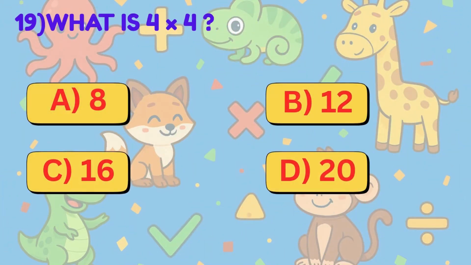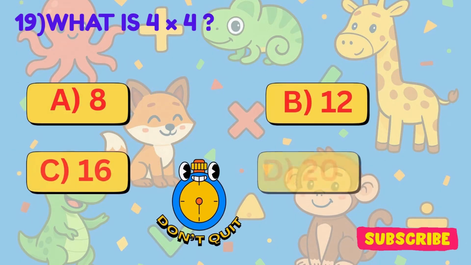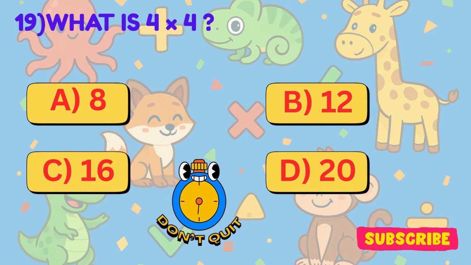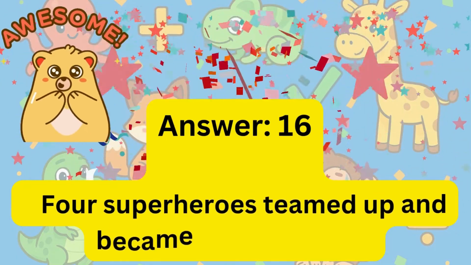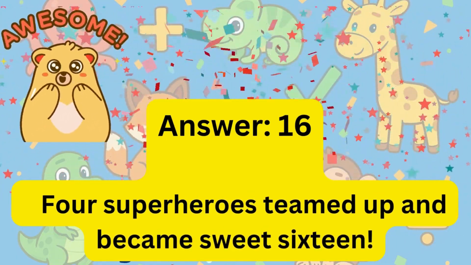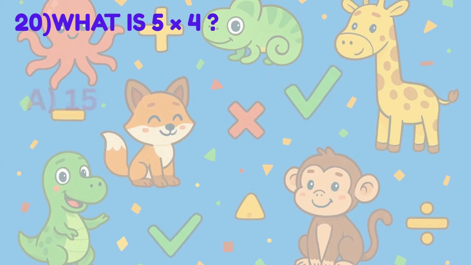19. What is 4 times 4? Is it A, 8, B, 12, C, 16, or D, 20? Correct answer is 16. 4 superheroes teamed up and became Sweet 16. 20.